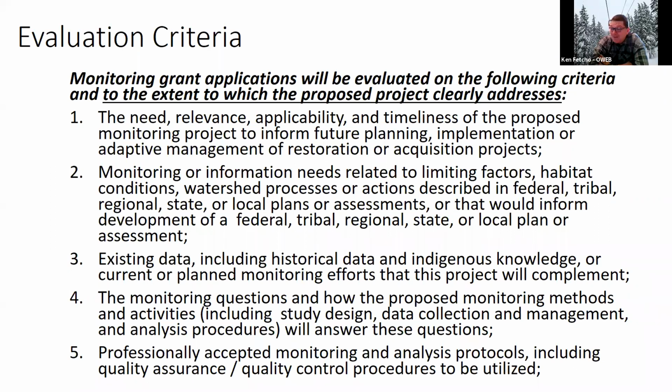So not only do we add questions, we removed a question from the application to make it more succinct and hopefully avoid some repetition. Second criteria, monitoring or information needs related to limiting factors, habitat conditions, watershed processes, or actions described in existing plans, or that would inform the development of a future plan or assessment.